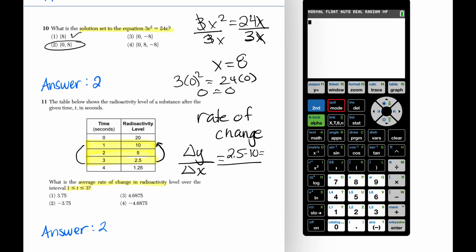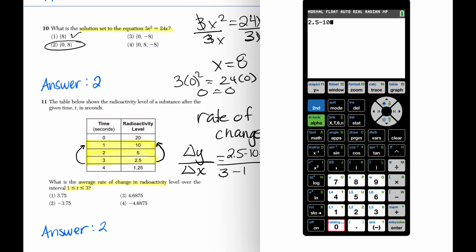And in the x's, from 3 to 1, how much did it change? 3 minus 1. Well, that was the easy one. That one's just 2. If you got a little stuck doing 2.5 minus 10, you could use your calculator, and it'll give you negative 7.5. Again, if you're unsure, just go to your calculator. 2.5 minus 10. There you go, negative 7.5.